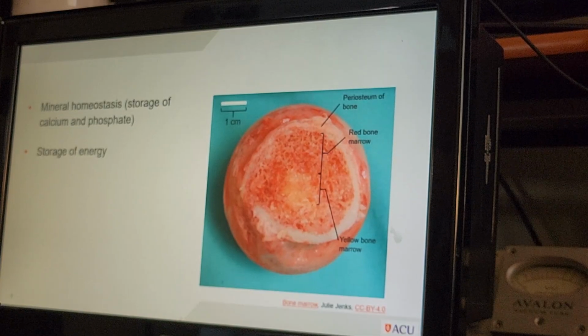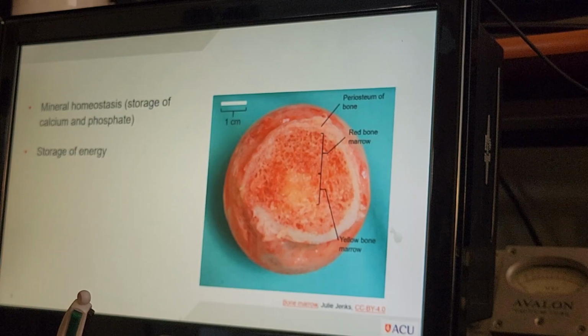Now, if we have a look at the yellowy section in the centre, that's where the lipid yellow bone marrow is. So it's a store of energy for the body, just like the lipids that are stored in our adipose cells, the layer of fat below the skin in the hypodermis.